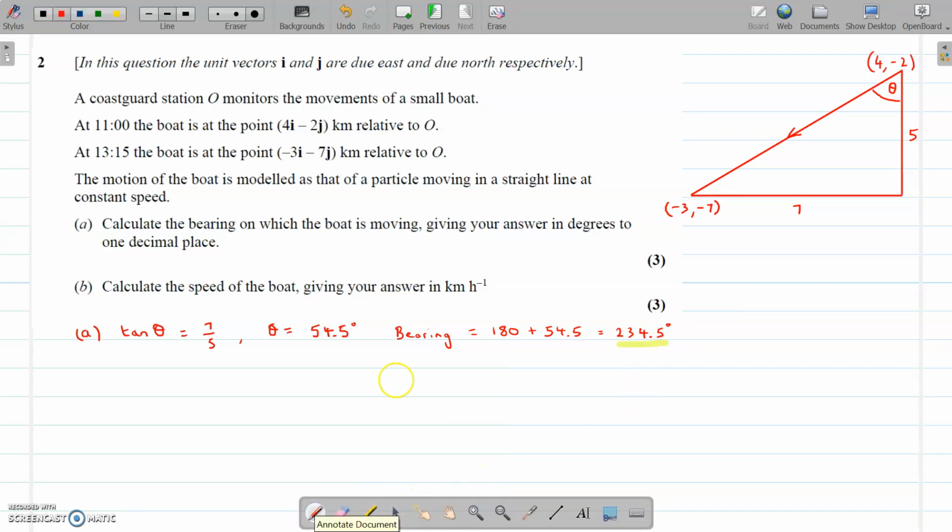And then we have to work out the speed of the boat. Well, we need to know the distance, and the distance, of course, is the square root of the squares of the two short sides added together, using Pythagoras. So if I just start with that, I can do the square root of 7 squared plus 5 squared.